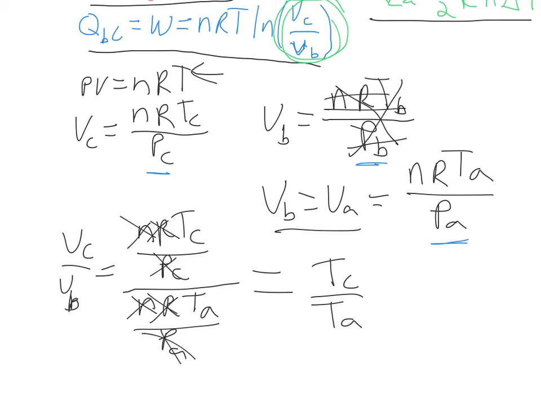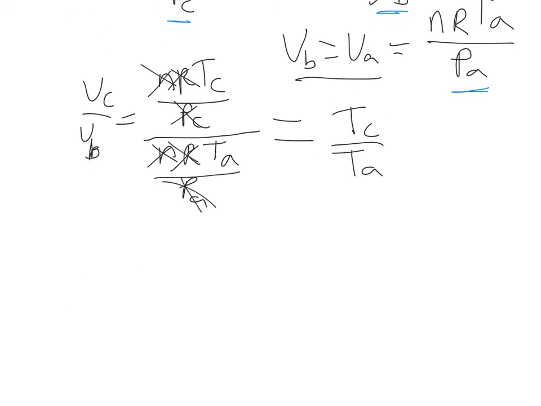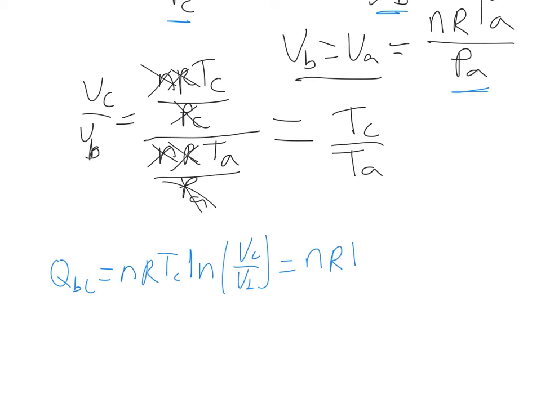So what we can do then is rewrite QBC. If you recall, a moment ago QBC is equal to nRT, you can call it TB or TC, either way it's the same temperature, multiplied by the natural log of VC over VB, and so that can be rewritten as nRTC natural log of TC over TA. So now that enables us to quantify QBC.